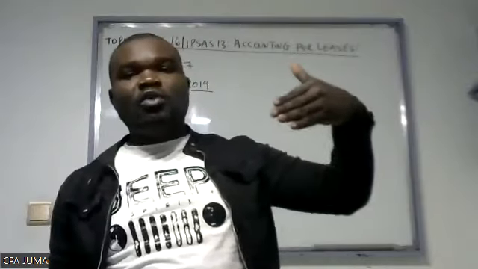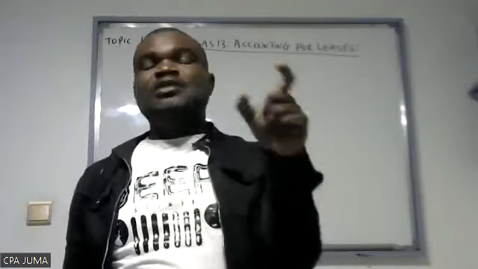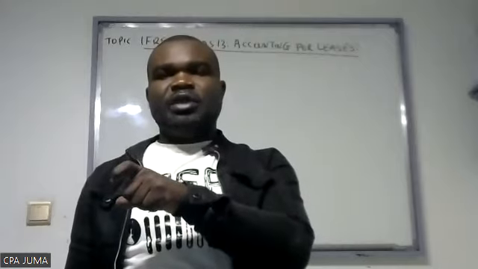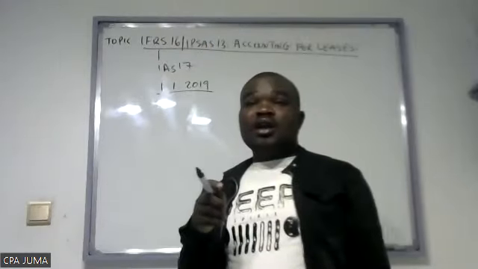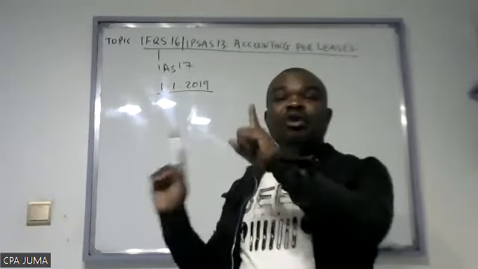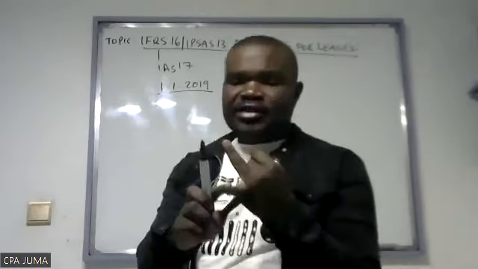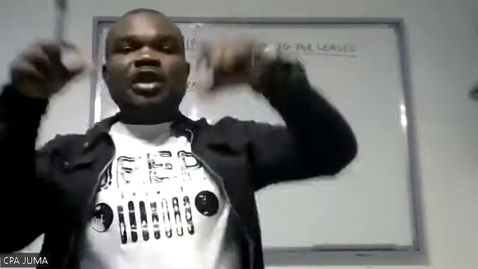So for finance lease, since time immemorial, the lessee was required to recognize the finance lease in the financial statements. But now, in the new standard, both finance lease and operating leases should be recognized, in quotes, as an asset in the books of the lessee.